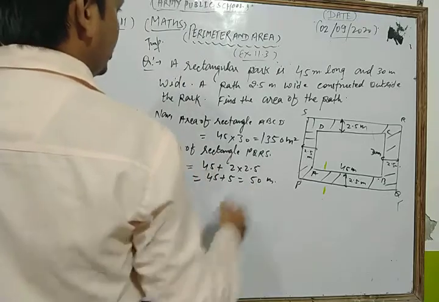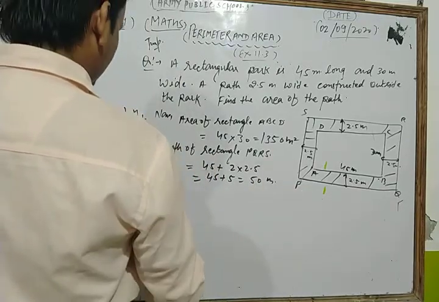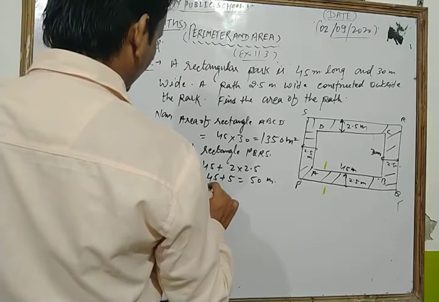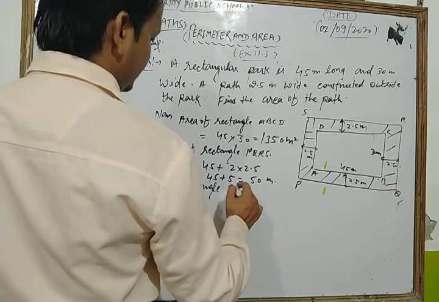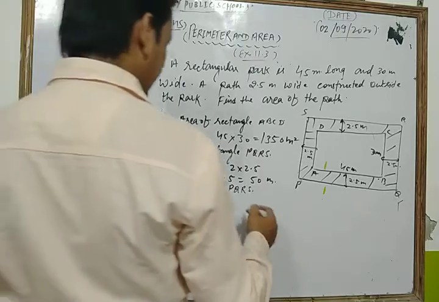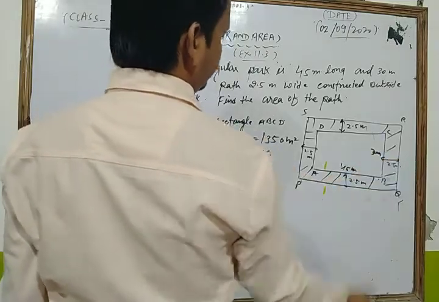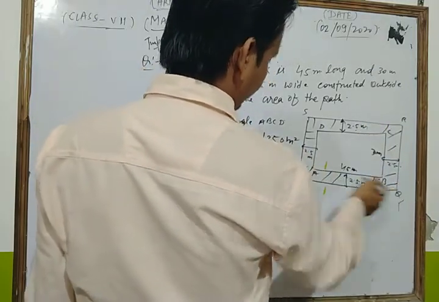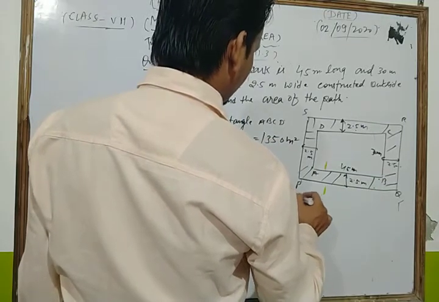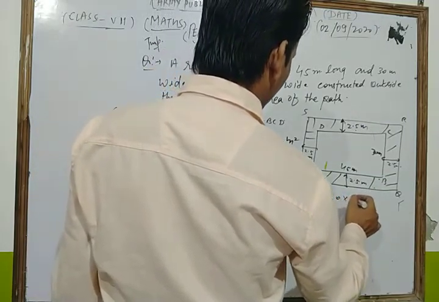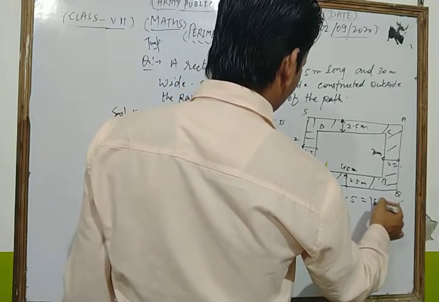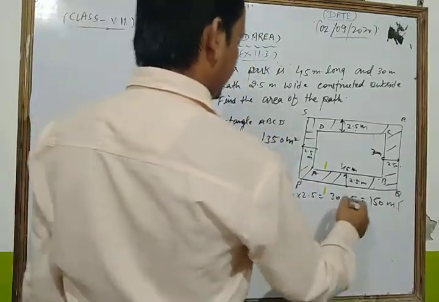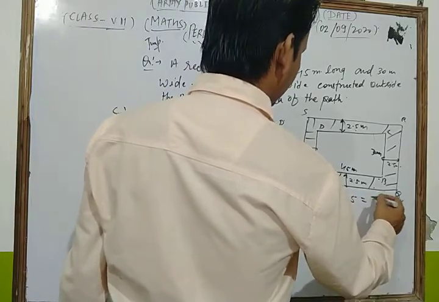Similarly, the width of rectangle PQRS is 30 plus 2 into 2.5, which is 30 plus 5. Sorry, this is 35 meter.